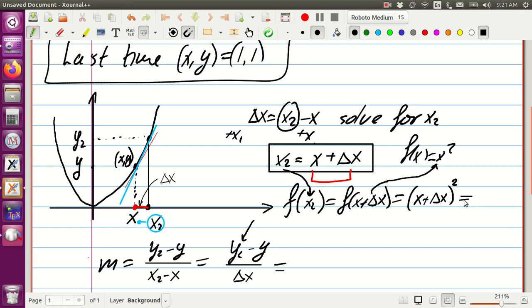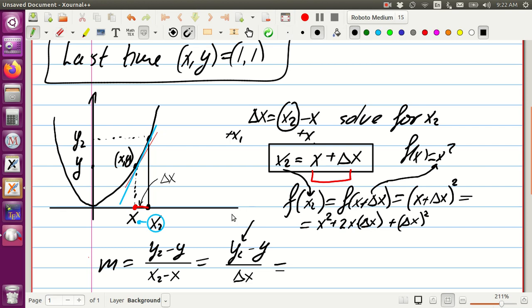And then we apply our famous formula for a plus b squared, which is a squared plus 2 times a times b plus b squared. So we calculated this quantity. And why did we do that?